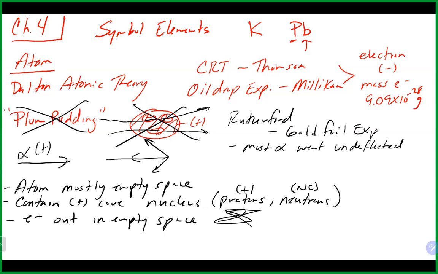There is some attraction between the electrons and the nucleus, as one's negative, one's positive, which holds the electrons there. One of the major differences between the two models is that most of the mass of the atom is the nucleus.